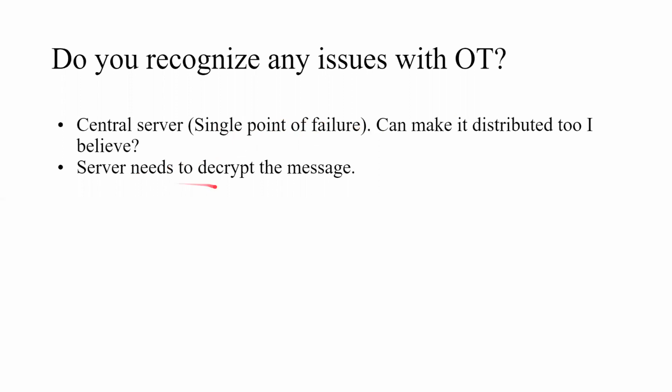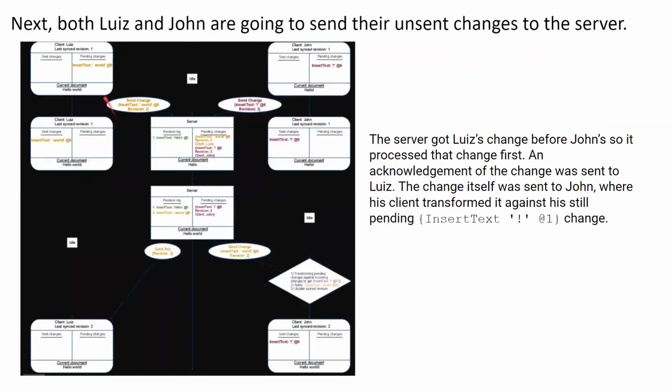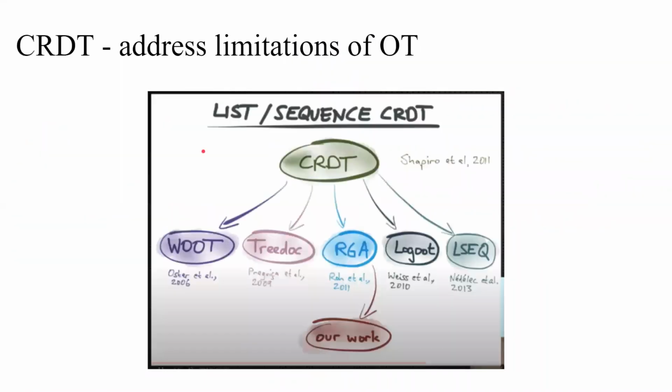The other thing is that if you look at the way this was working, at the server we have to decrypt the whole message. If you are looking at scenarios with encryption, then this approach won't work because at the server you have to end up decrypting the message. And that's where he brought up this technique of CRDT.